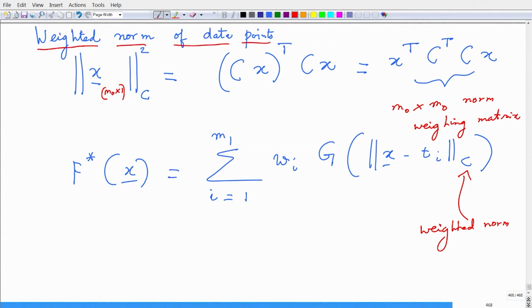So, if I weigh the data points, I get a weighted norm, and my approximating function can be expressed in terms of the weighted norm of the data points, and the Green's function will have the weighted norm of the data points instead of just the norm of the data point. So, this is one example.